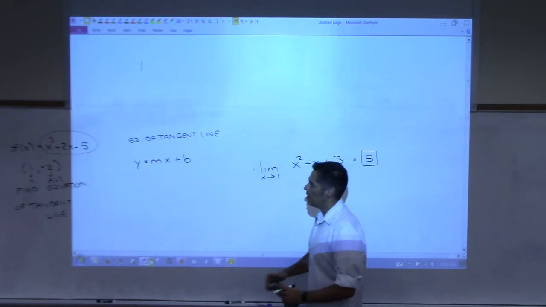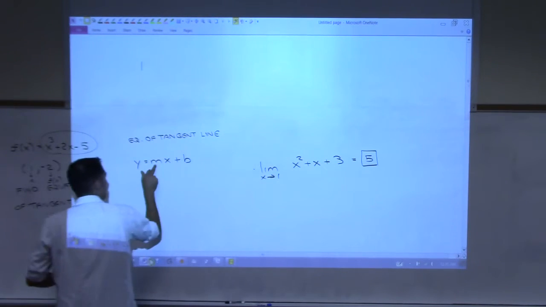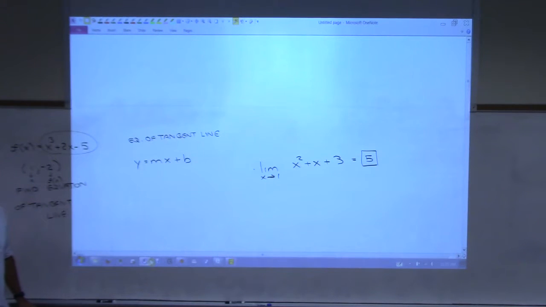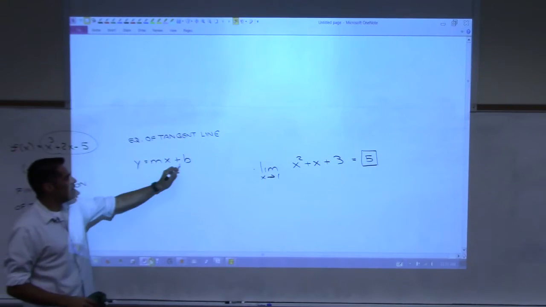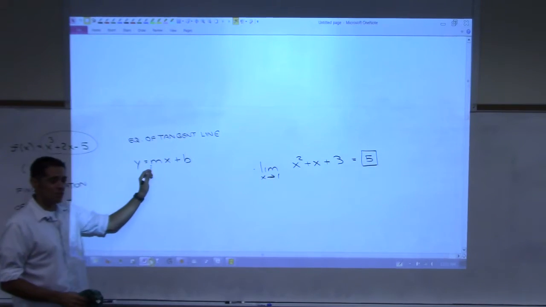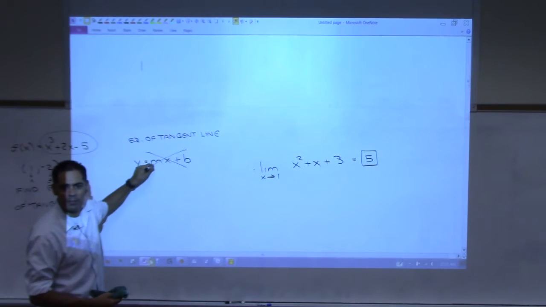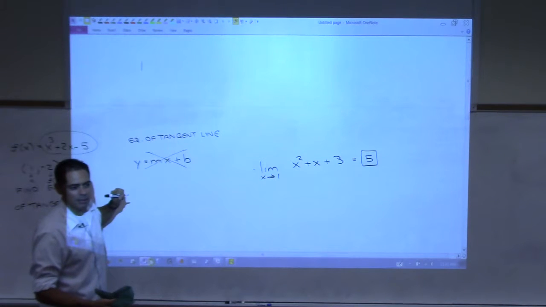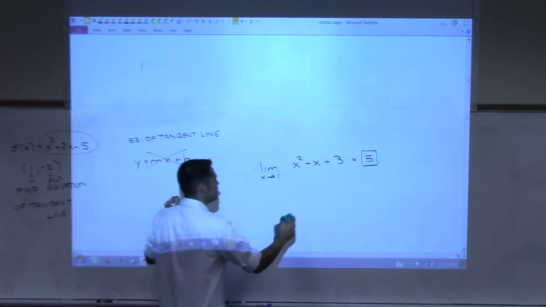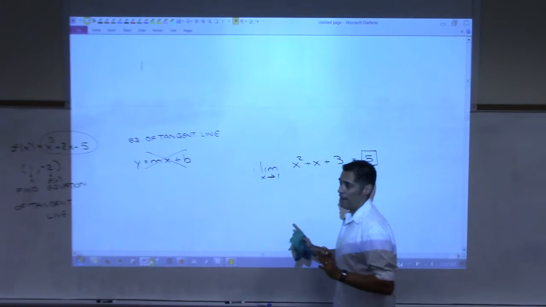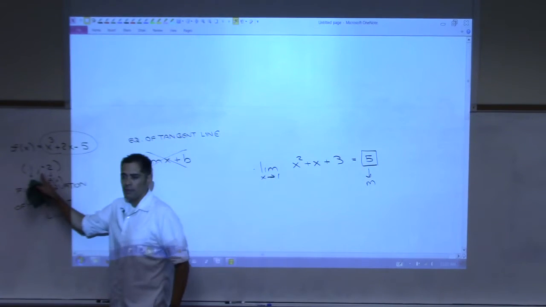This right here is a great equation for a line because it has the slope in it, right? And also has this other number b, which is the y-intercept. So if I know what the y-intercept is and I know what the slope is, this is a great formula. I don't know the y-intercept, do I? What I do know is I have the slope of the line, and the only other information I have is a point that lives on that line.